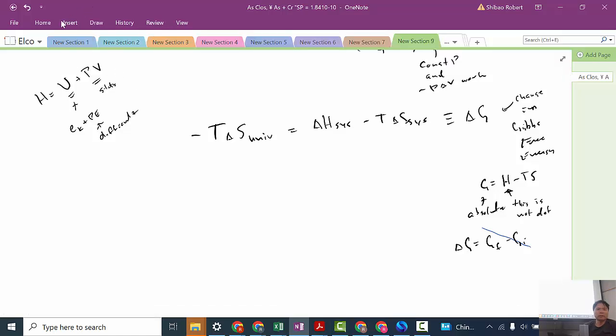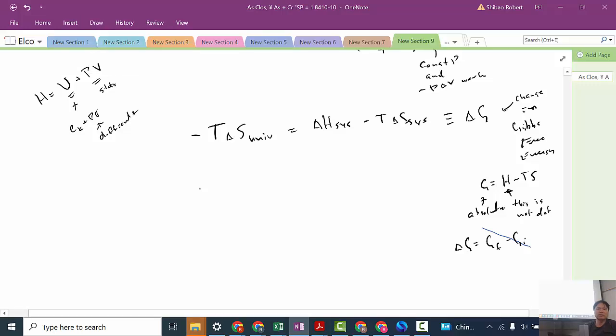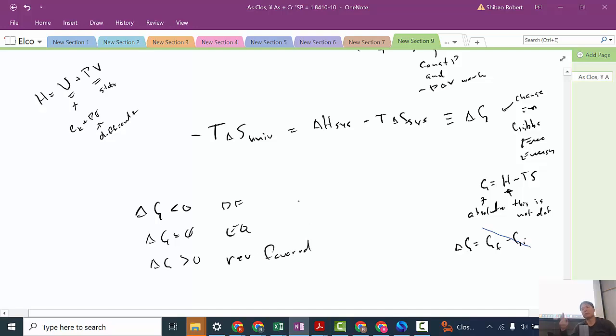And so an increase in entropy of the universe results in a decrease in delta G. So if delta G is less than 0, then we have driving force. It's spontaneous. If delta G is equal to 0, then it's at equilibrium. If delta G is greater than 0, then the reverse reaction is favored. And so we have to flip our thinking now.